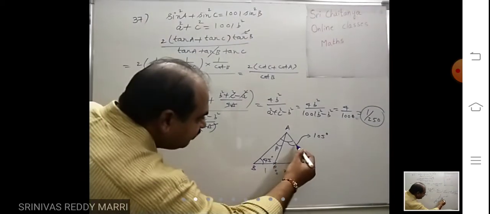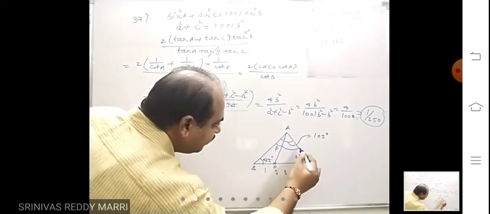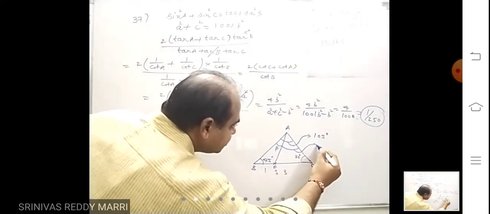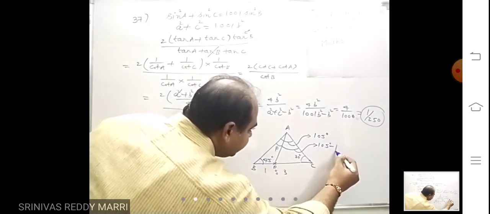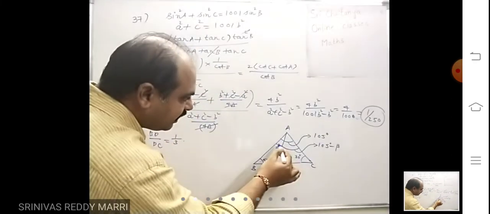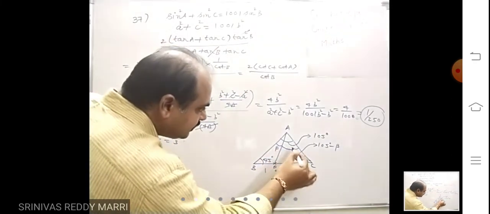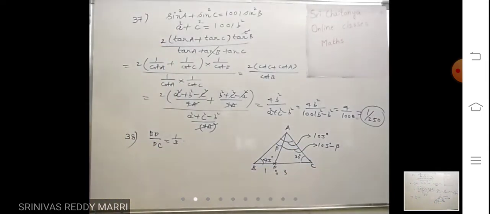So you can find what is this angle and what is this angle. This complete angle is 105, so this angle DAC will be 105 degree minus beta.